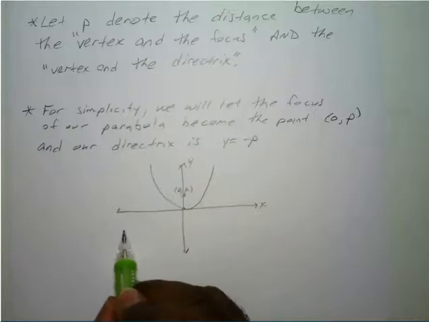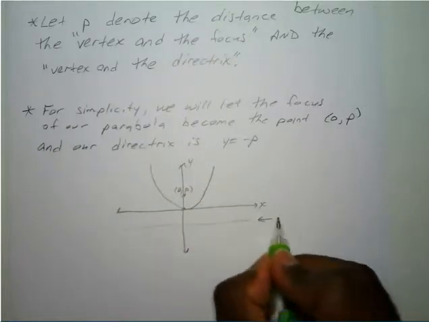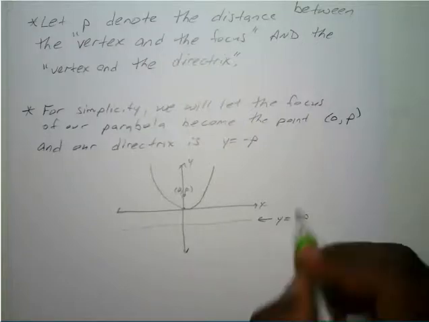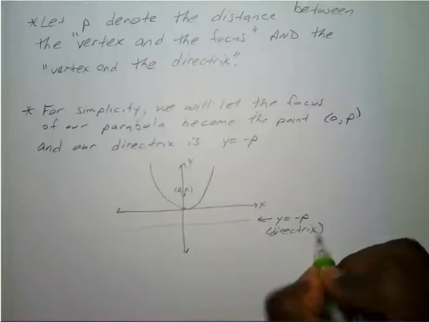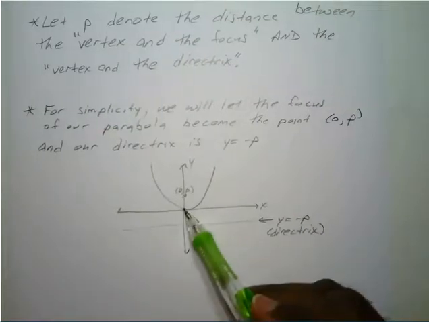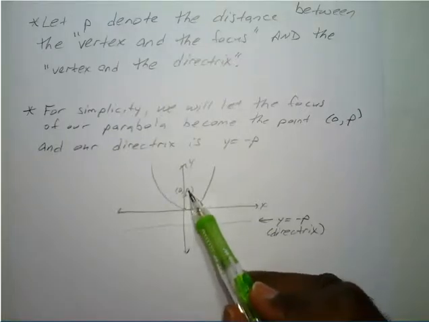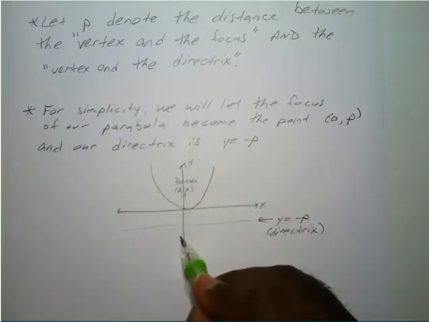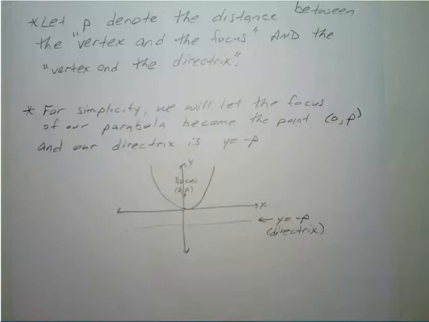Our directrix is y equals negative p. If you notice, you have your vertex here. If you go up p units, you're at your focus. If you go down p units, you're at your directrix.